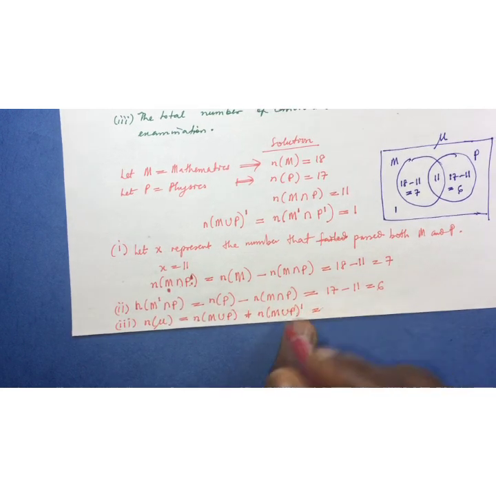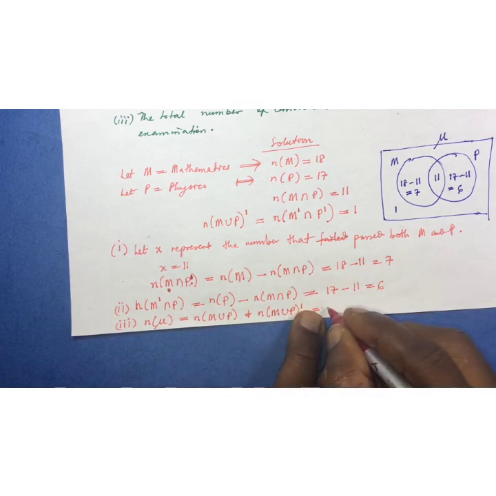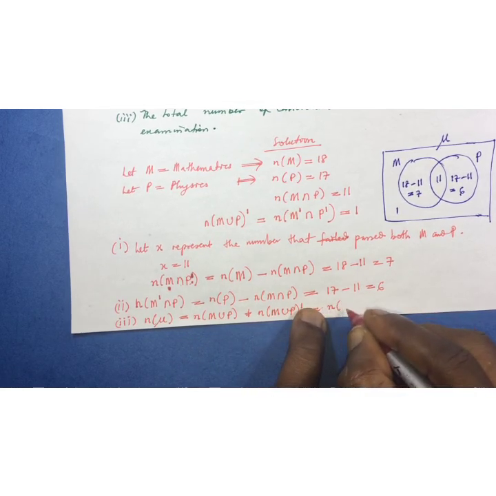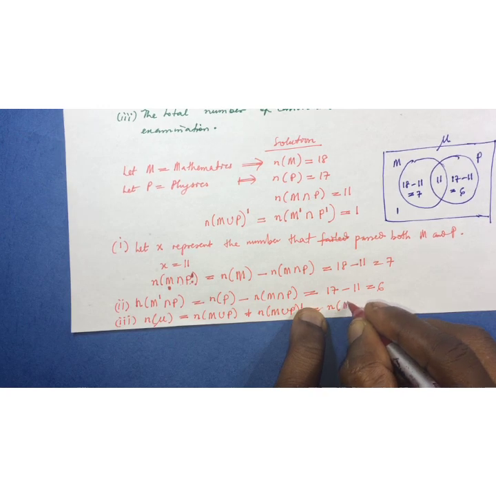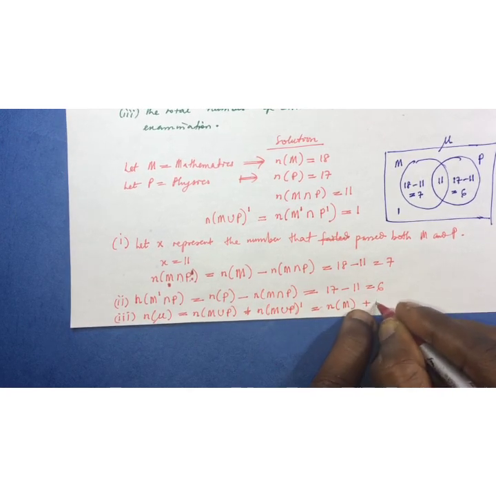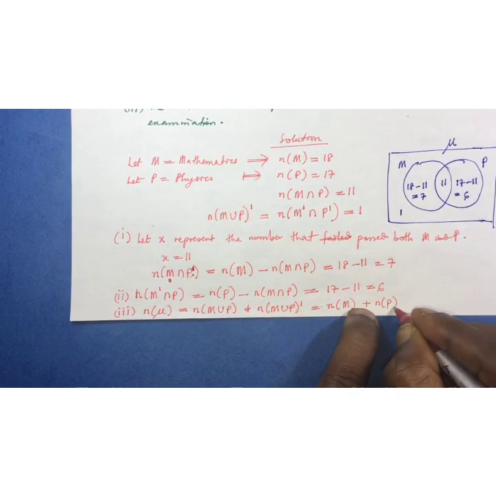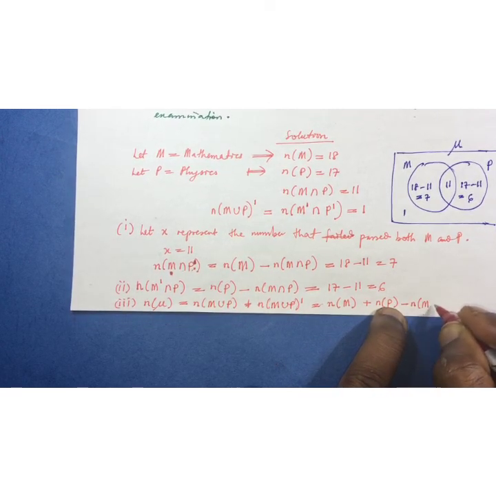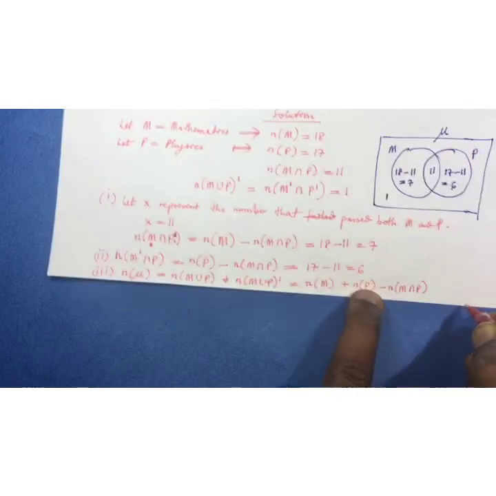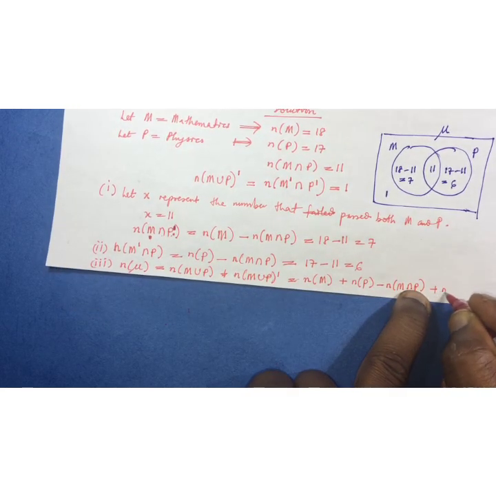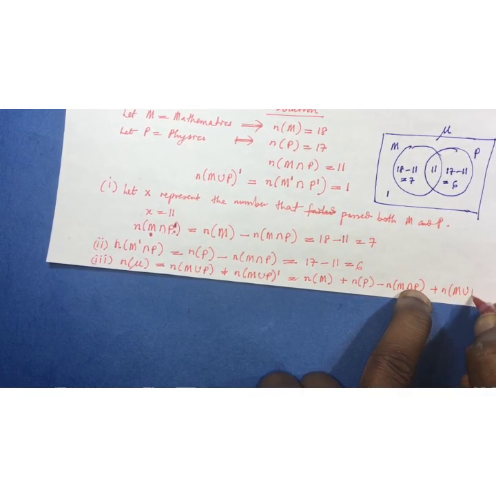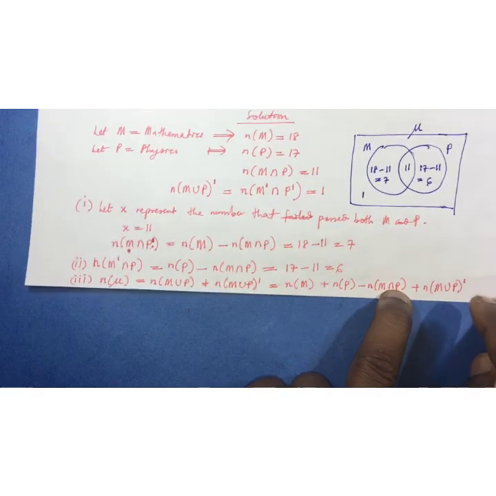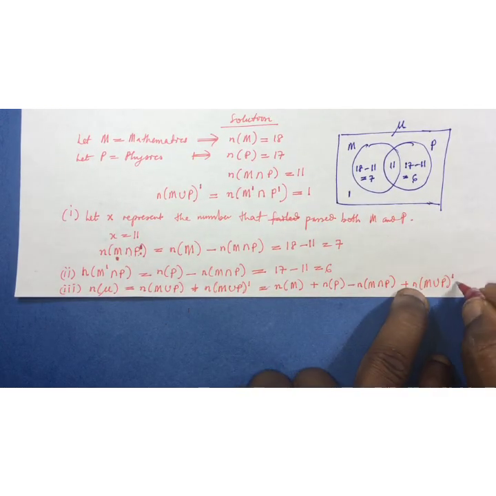Let's see. So the union of maths and physics will be N mathematics plus N physics minus N mathematics and physics plus N mathematics union P complement. Okay, and that will give you what?